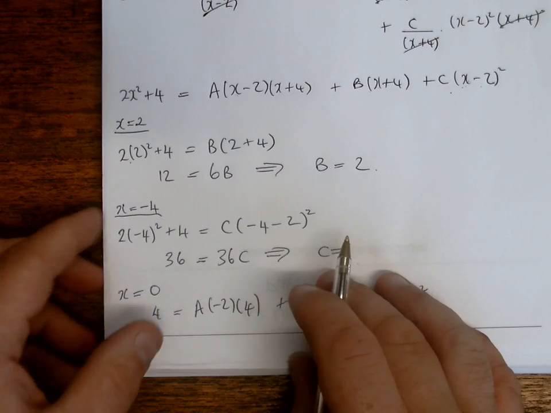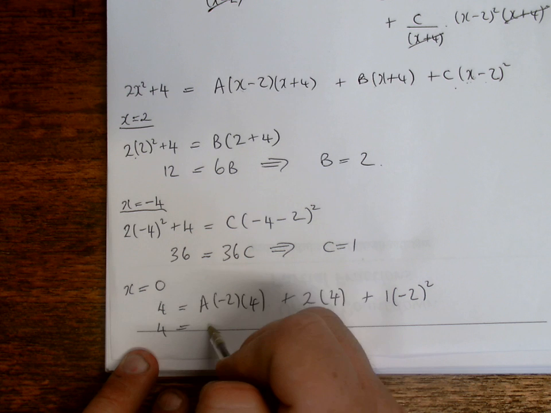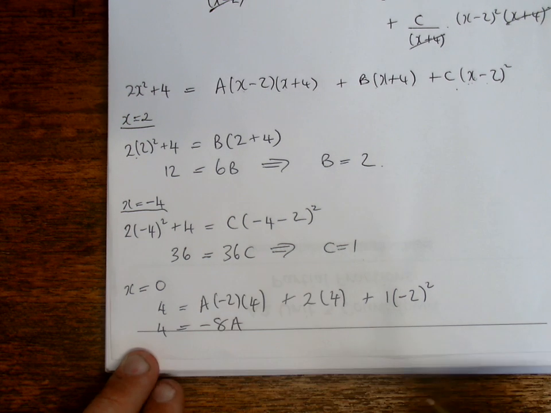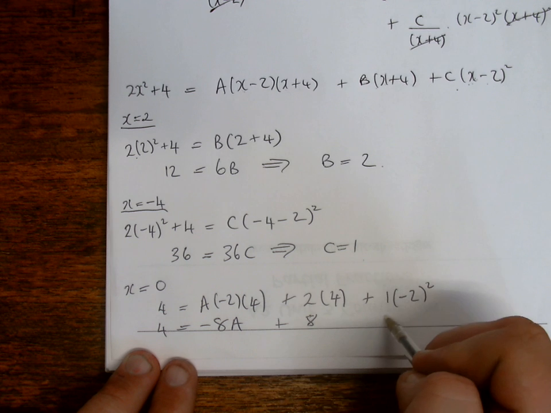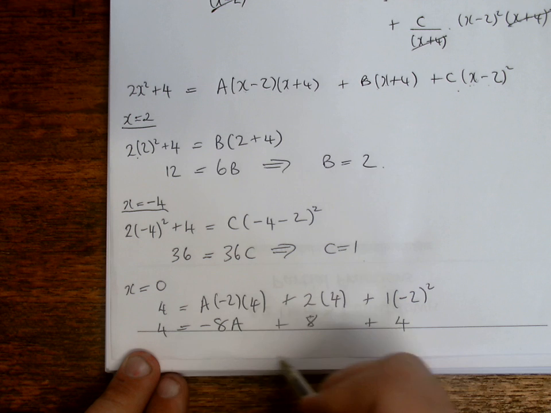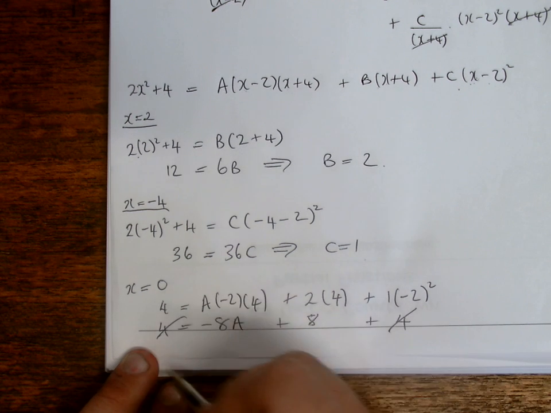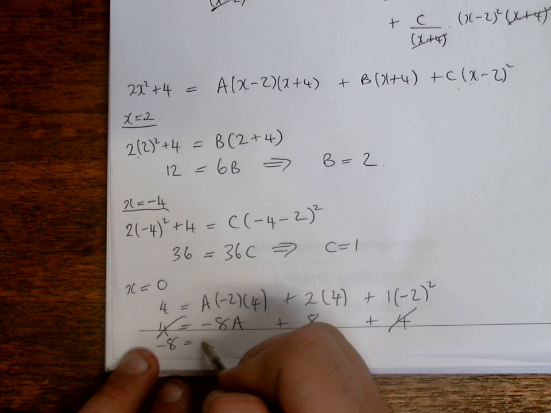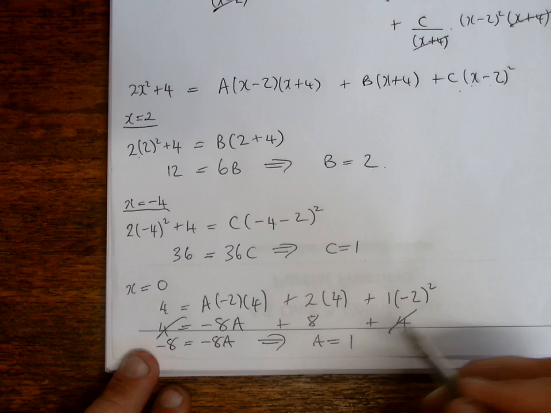So we've got 4 equals minus 8a, plus 8, and then plus 4. The 4's will cancel, so we take that 8 over to the side, so negative 8 is negative 8a, which means a will be 1.